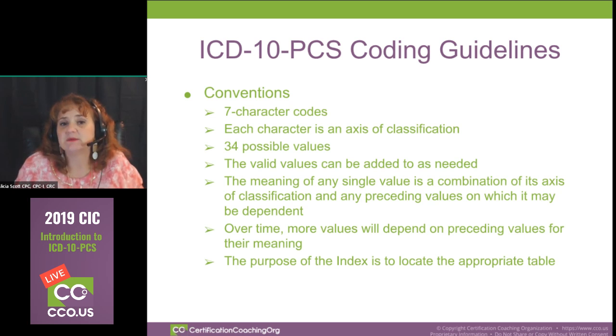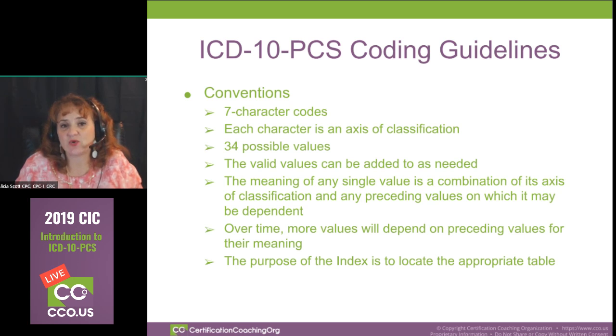CPT is extremely limited. The meaning of a single value can have more than one meaning, but its definition is very clear. It'll say all, or in part, or it'll just say in part.